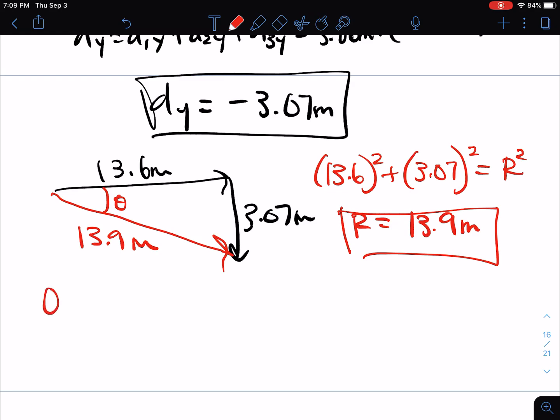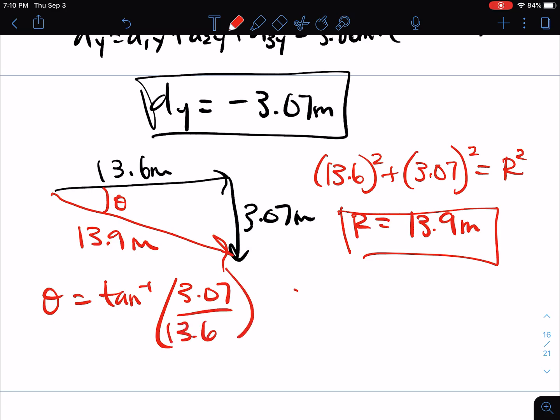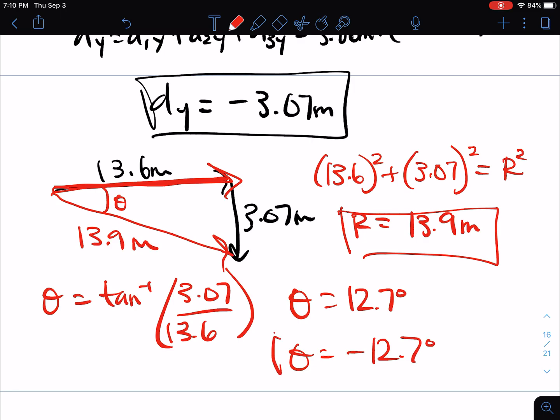So you're going to do the inverse tangent in order to find the angle, and that's going to be opposite over adjacent, so we get 3.07 over 13.6, and we end up getting that the angle is 12.7 degrees. Now for this one, because it's a negative, technically we take the angle from the x direction usually, so this actually is going to be a negative 12.7 degrees because it is below that x-axis.